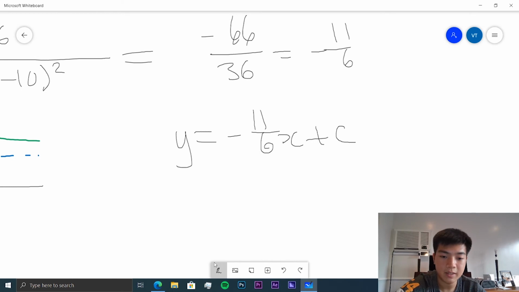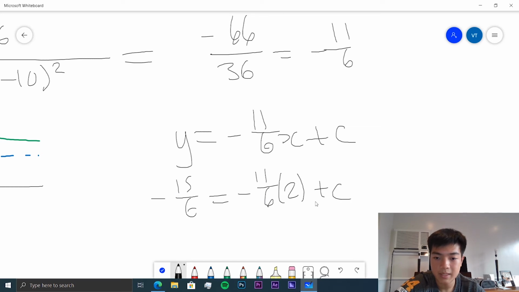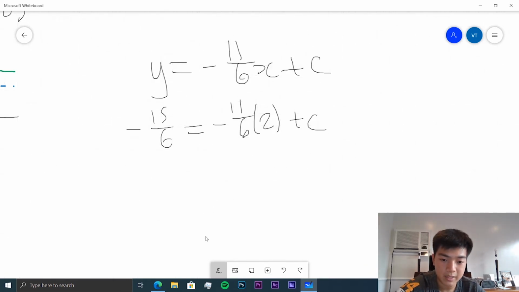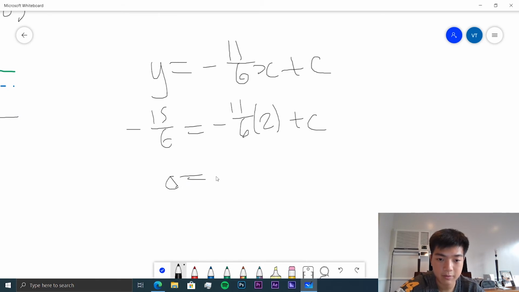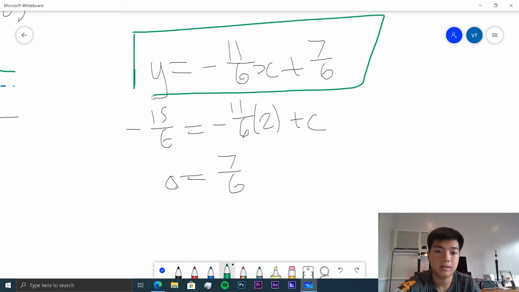So we have negative 15 over 6 is equal to negative 11 over 6 times 2 plus c. So we have c is equal to 22 minus 15 over 6, so that's equal to 7 over 6. So y equals negative 11 over 6 x plus 7 over 6 should be our equation of the tangent to the curve at that point. Yeah, so this looks good.